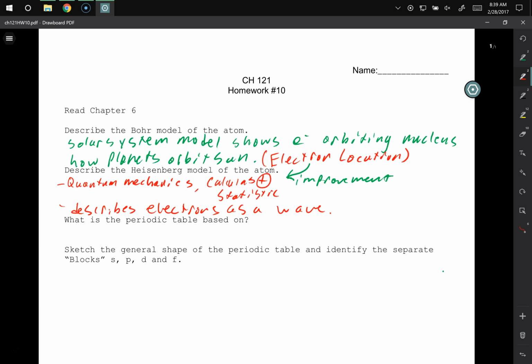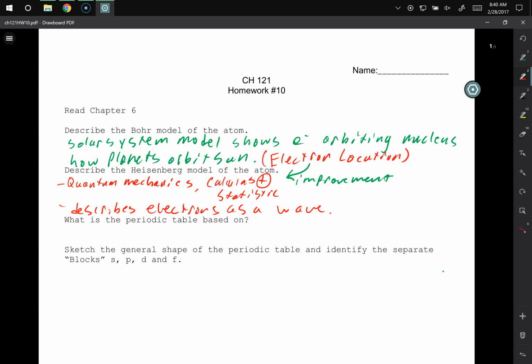The important part about this is that it stops the whole elliptical orbit looking thing from Bohr's model of the atom. We have no idea how the electron gets from spot to spot. We know it moves around the nucleus, but we have zero idea how it gets there. But since we don't know how it gets there, that's why he threw the statistics in. He knows where it's going to be.